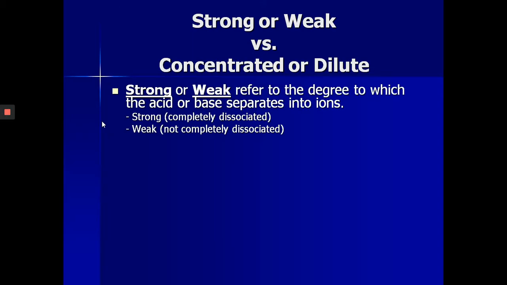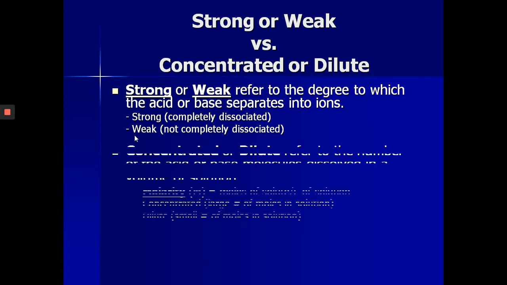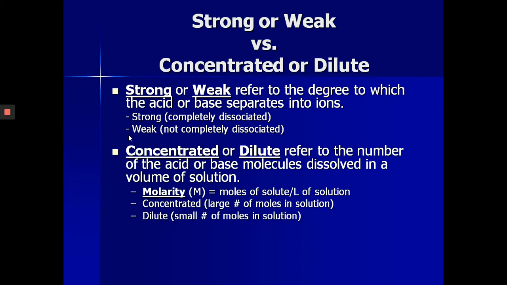All right, strong or weak versus concentrated or dilute. Strong or weak refers to the degree to which the acid and base separate into ions. Strong means they will completely dissociate, and weak means they only partially dissociate. Concentrated or dilute refers to the number of acid and base molecules dissolved in a volume of solution, which is basically the concentration measured in molarity.